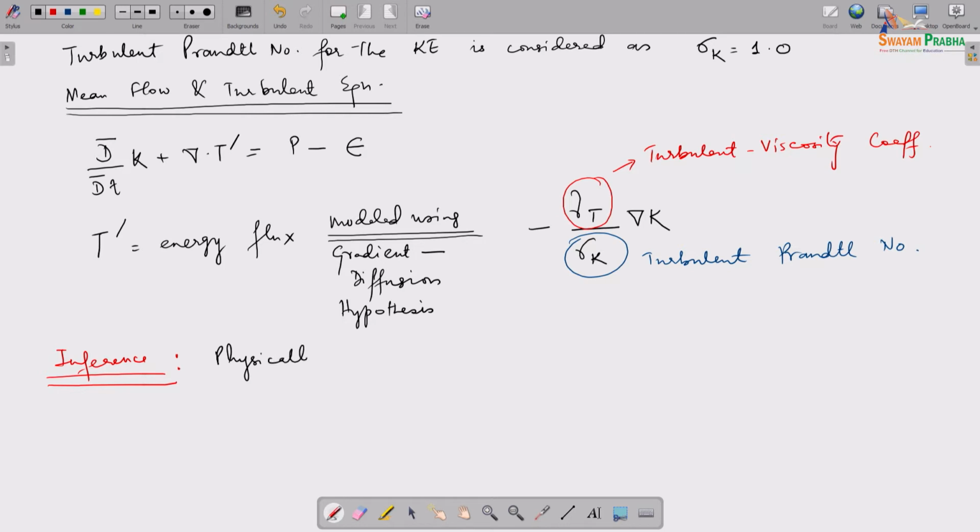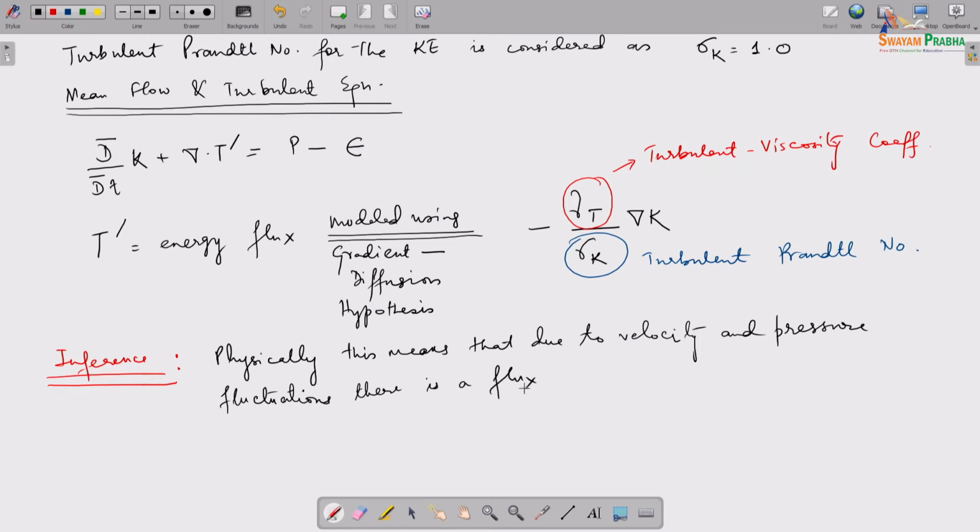So physically this means that due to velocity and pressure fluctuations, there is a flux of energy along the gradient of turbulent kinetic energy.